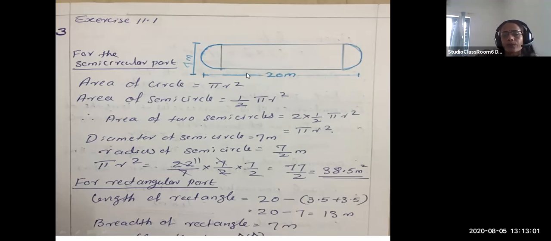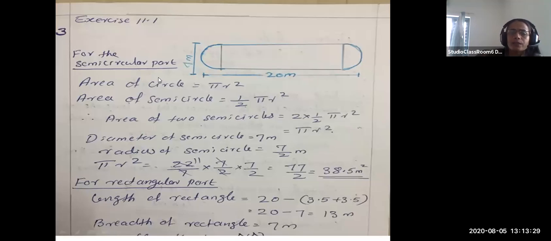First we need to find the area of this whole garden. This garden has two parts. One part is a rectangular part and at the ends we have two semicircular parts. So we have to find the area of these two semicircular parts and the area of the rectangle to get the area of the whole garden.